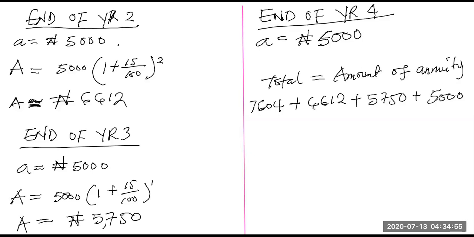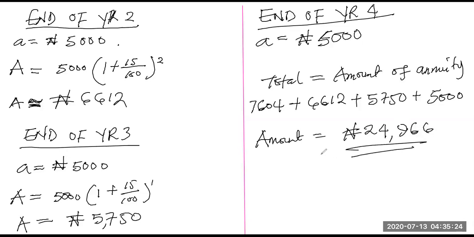When you add all this, that gives you the total annuity for the individual, approximately 24,966 naira. So this is the amount of annuity.